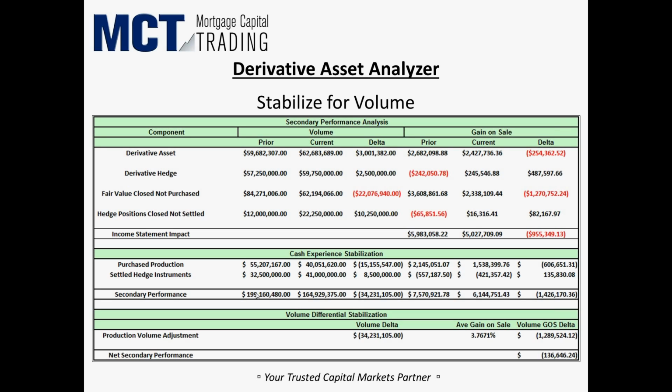You can see the timing was not the issue here. When we adjusted for timing, the issue actually got worse. The reason is that when we adjusted for timing, we had 55.2 million purchased the prior month, and only 40 million purchased during the current month. So we were looking at a much bigger population of loans, and we had to adjust for the volume.